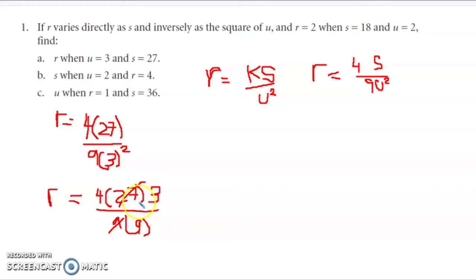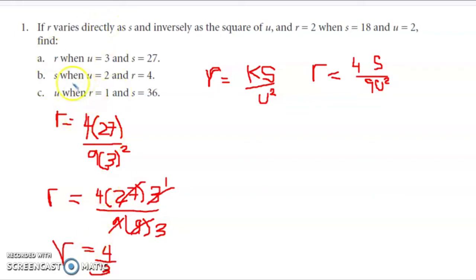Now, 3 and 9 has a common factor. If I divide this by 3, this is 1. And if I divide this by 3, 9 divided by 3 is 3. So that is 3. 4 times 1 now is 4. And the denominator is 3. So the value of your R is 4 over 3.